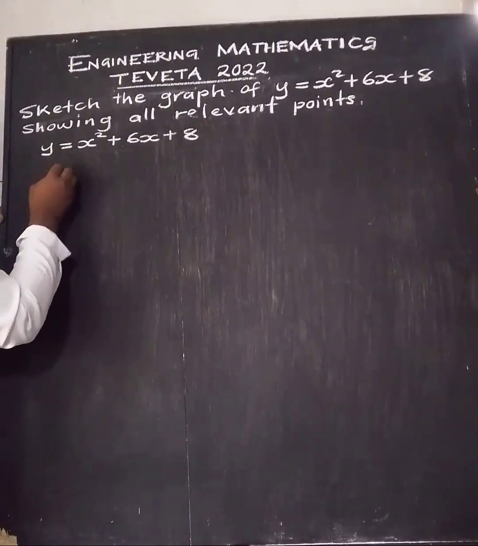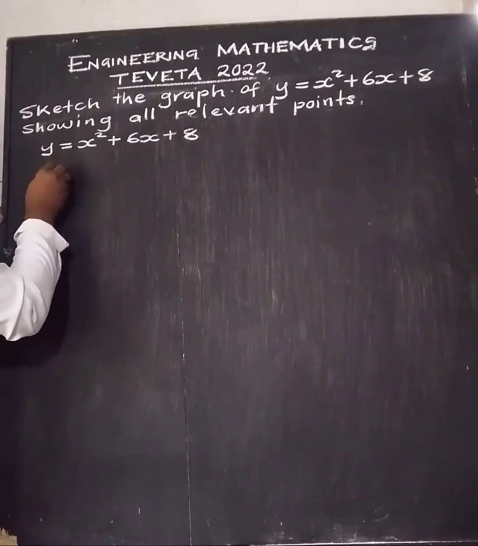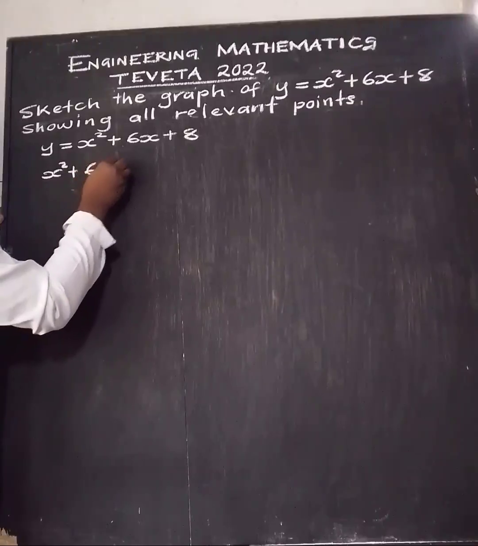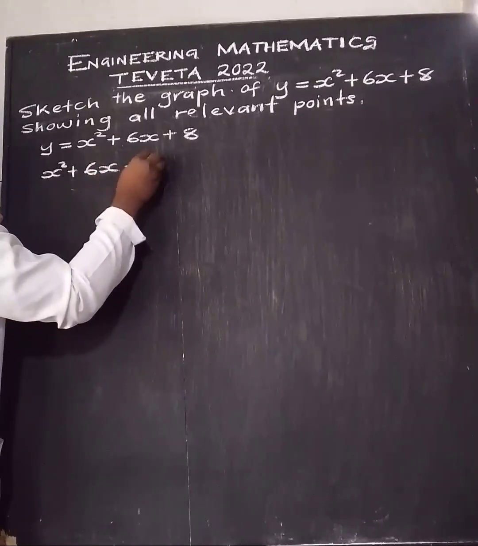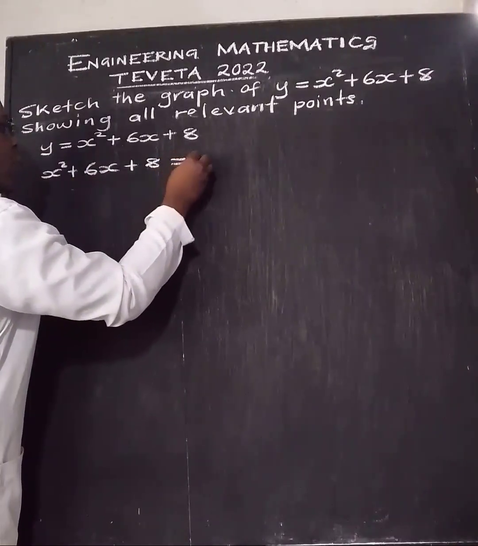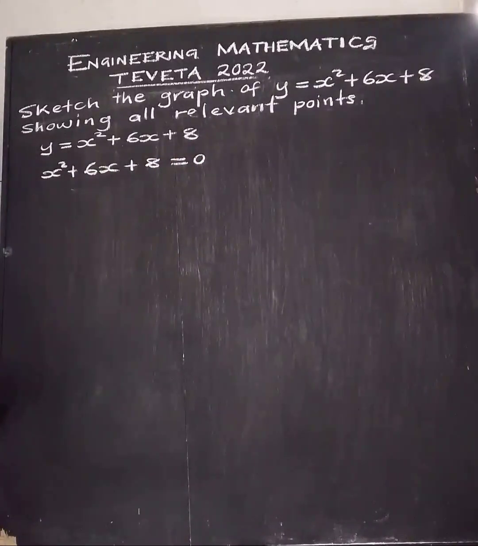So first we're going to write this one as x squared plus 6x plus 8. We are saying y is equal to what? 0. Where y is equal to 0. Okay? Then after doing this, we're going to solve this quadratic equation.